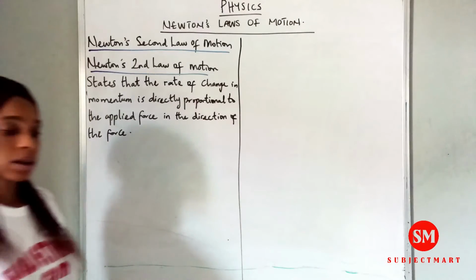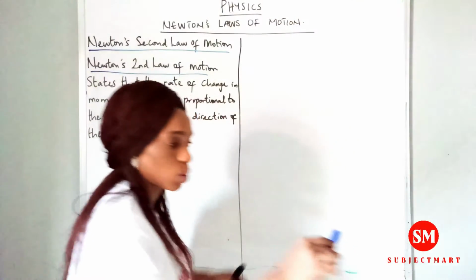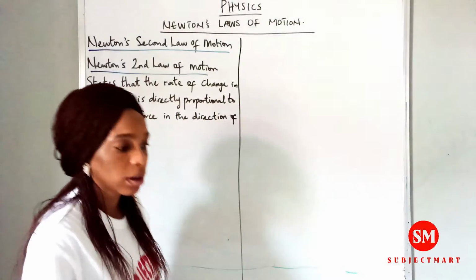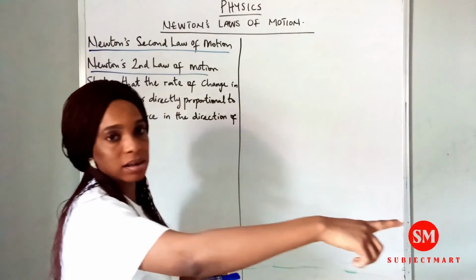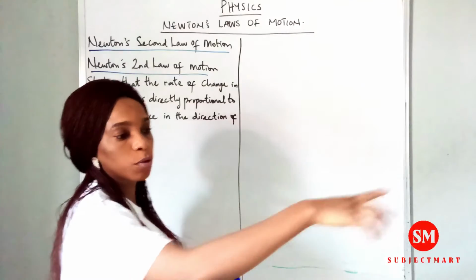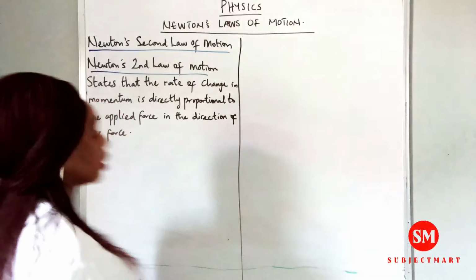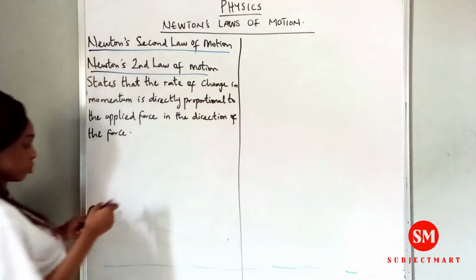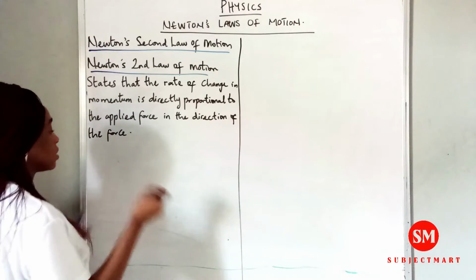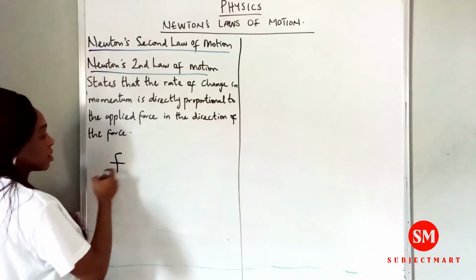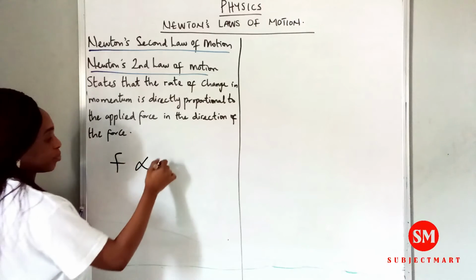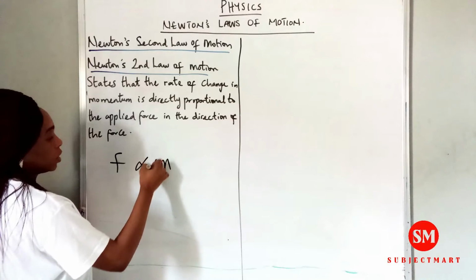That means the greater the force applied to a static body, the higher the distance moved by that body, or the higher the displacement of that body. If you are to represent this mathematically, it states that force is directly proportional to change in momentum.